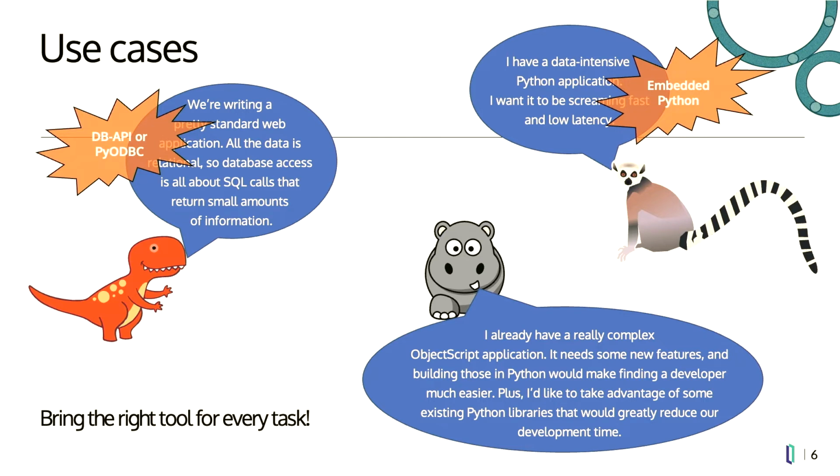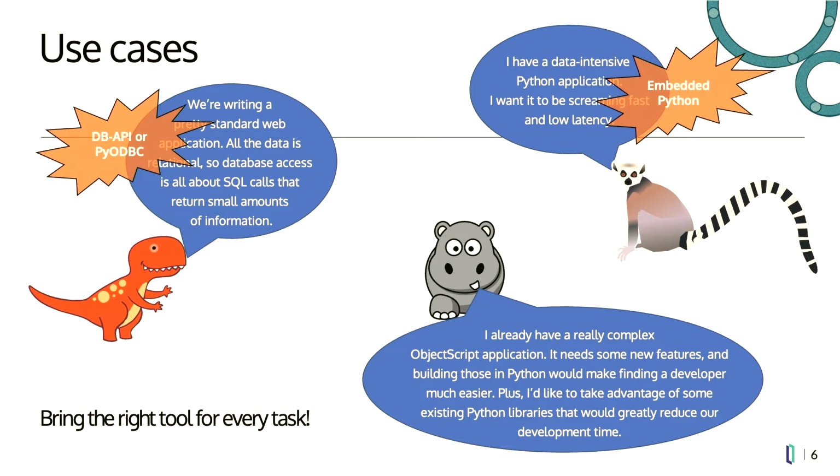For data-intensive, the key thing there is high amounts of data, low latency, and the program needs to be very close to the data. Then you want to be thinking about embedded Python as your strategy because you'll have access to all the Python libraries, plus you'll have no separation between the data and the code.